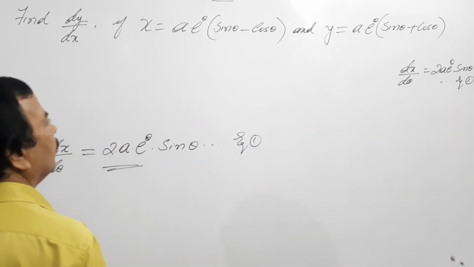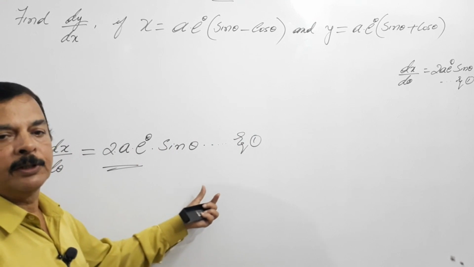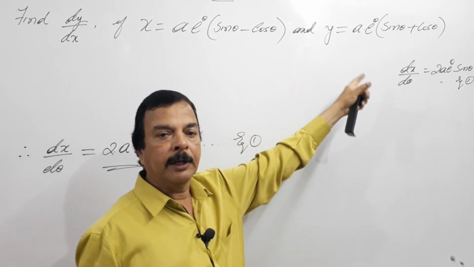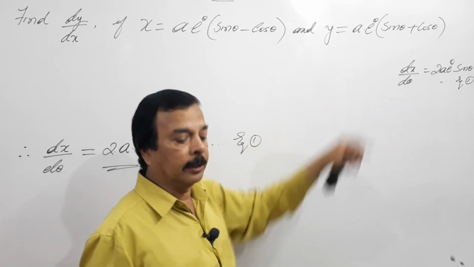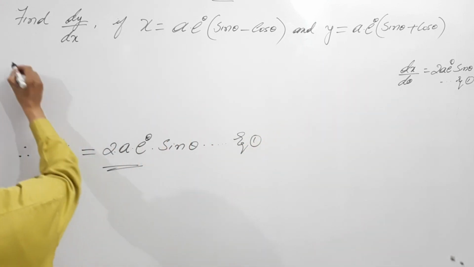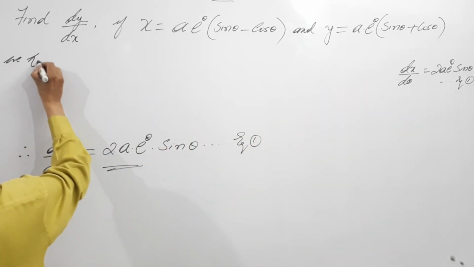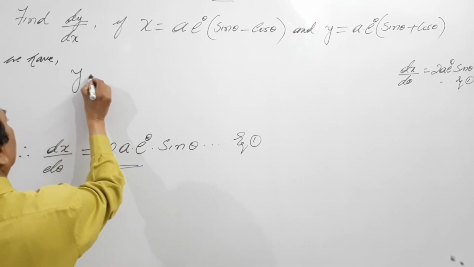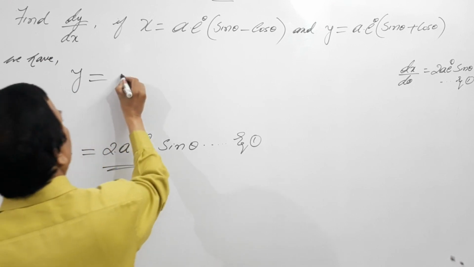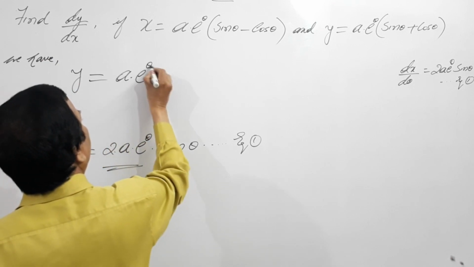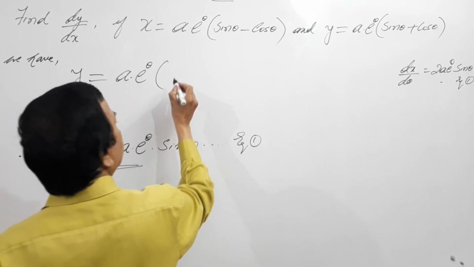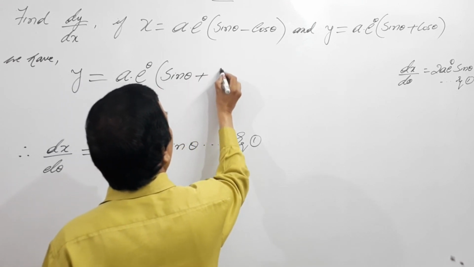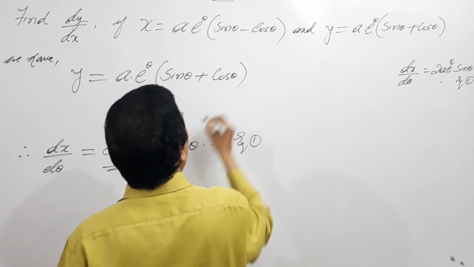I will rub this. So now once we have differentiated x, let us take up y and differentiate that with respect to theta. So we have y equals a into e to the power of theta into sin theta plus cos theta.